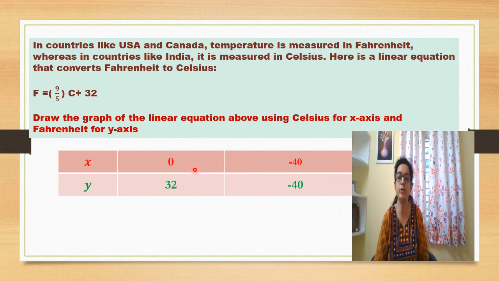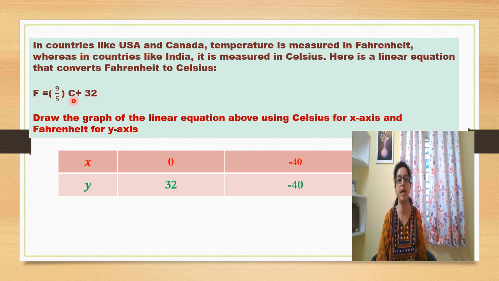I already told you that it is a good decision that we start with 0. So when I am taking x is equal to 0, you can see in this equation on replacing C with 0, let me tell you that here the x coordinate is C. Celsius is represented by x and Fahrenheit is represented by y.